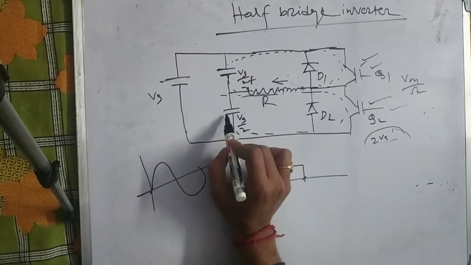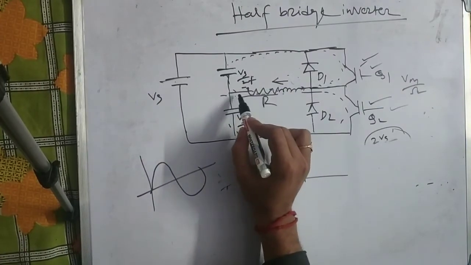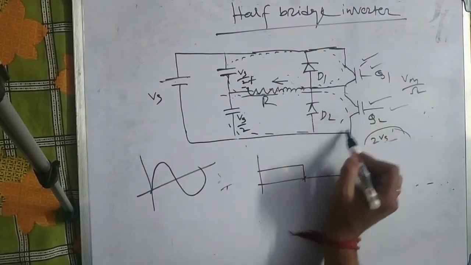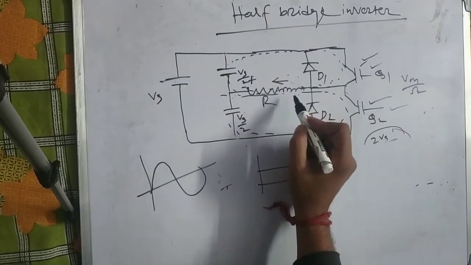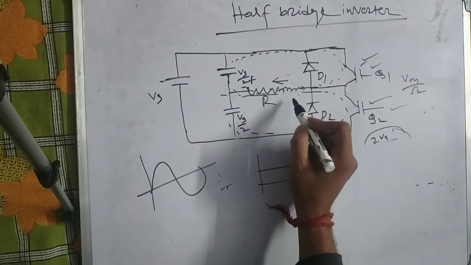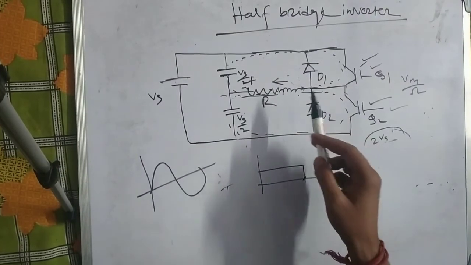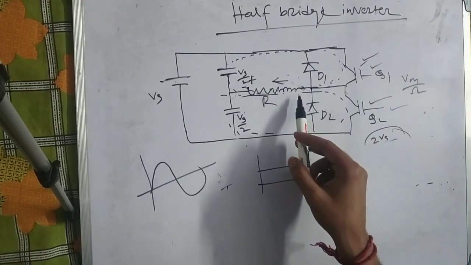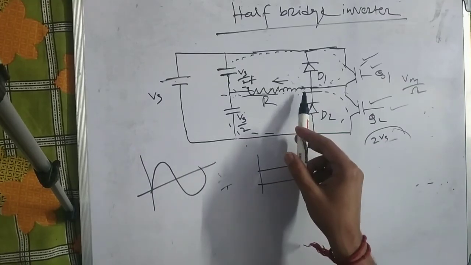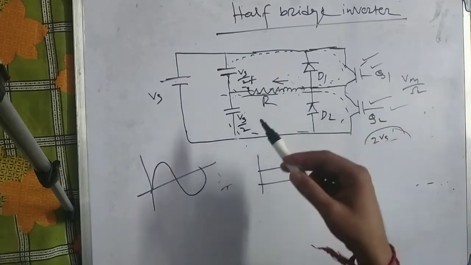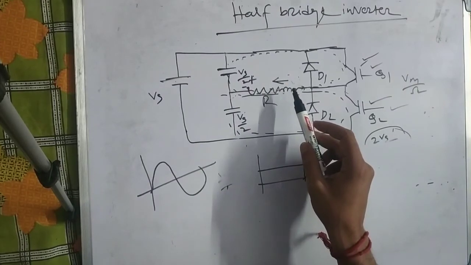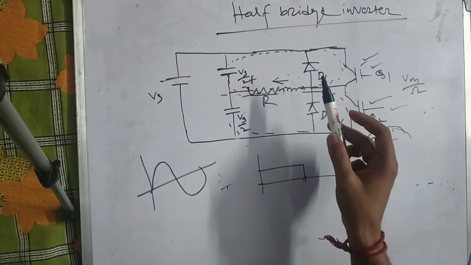Now this voltage source will act, so current must flow through this and back to this. But we have already studied that the inductor has a special capability. It will always force the current to flow in the same direction. So the inductor will not allow a sudden change in direction of current.